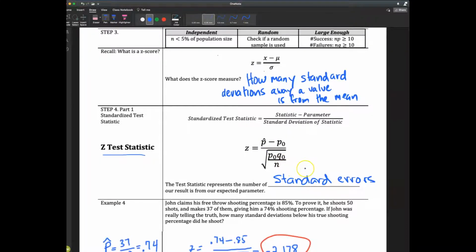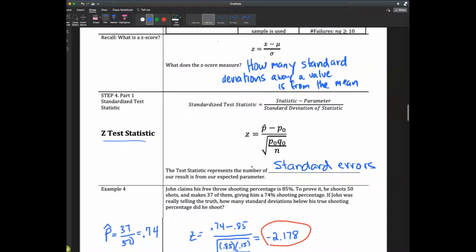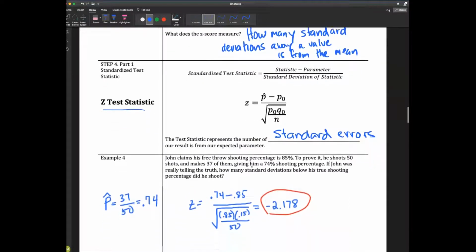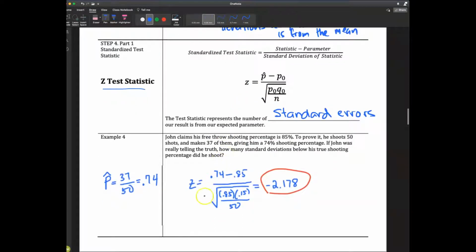We're testing to see how many standard errors, because we're looking at a sample distribution in this scenario. And so once we understand that's what the value is measuring, then we realize that when we have z values, we can calculate probabilities with them, which can be our step 5.